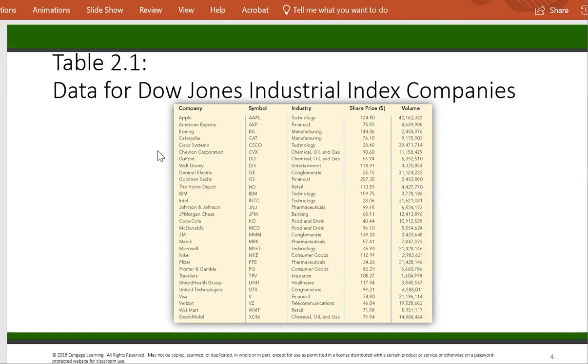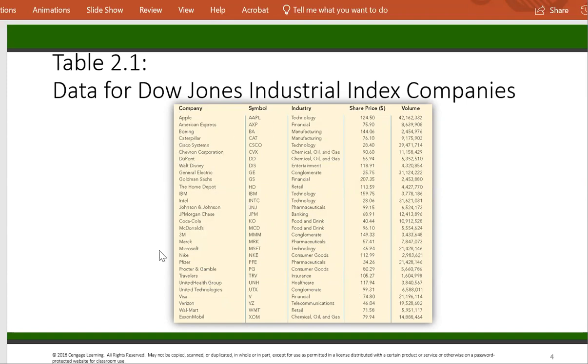Dow Jones is basically the list of the top 30 industrial companies in the United States in terms of their importance, mostly in terms of their market cap, market share, right?